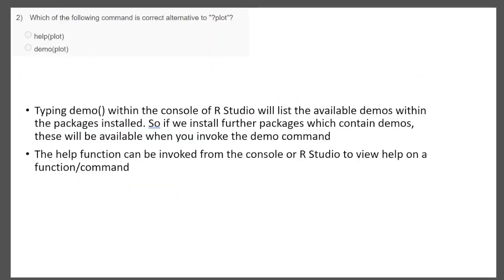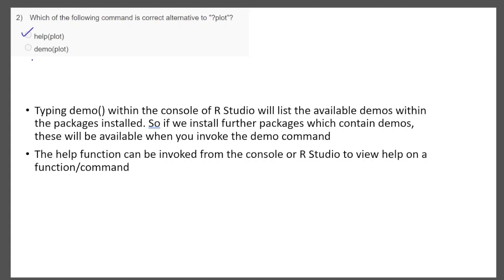Moving forward to the second question: which of the following commands is the correct alternative to question mark plot? The question mark before any function or character name means that we are seeking help. So here the answer is help, but we should know what demo does. Demo will give you a complete demonstration of the function you are asking about.